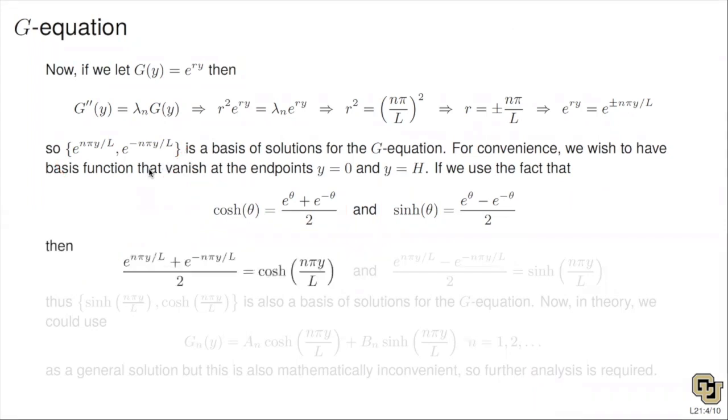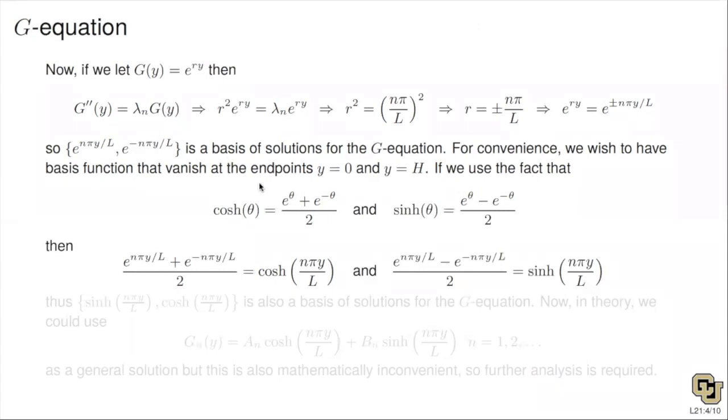So basically, I can now claim that cosh n pi y over L, by adding these two and dividing by 2, I get cosh being in that family of functions. And by subtracting one from the other and dividing by 2, I get sinh.